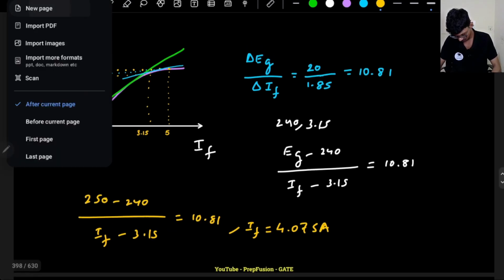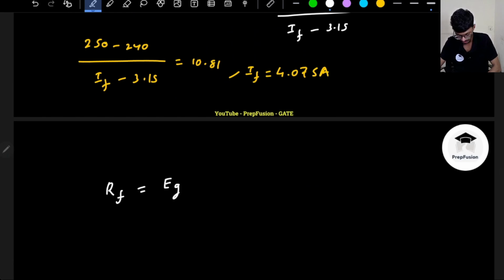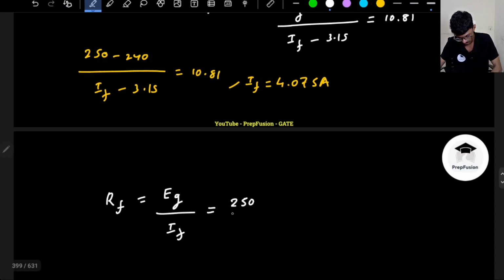Now from here I can directly find the resistance. What is the field resistance? It has to satisfy this equation: it should be equal to Eg divided by If. So Eg is 250 volts and If is 4.075, so this will be 61.35 ohms.